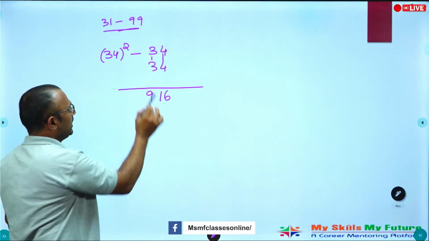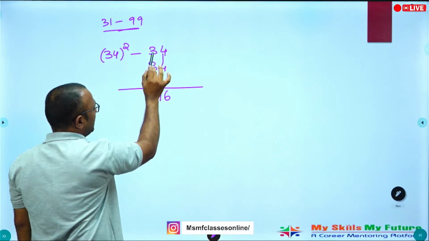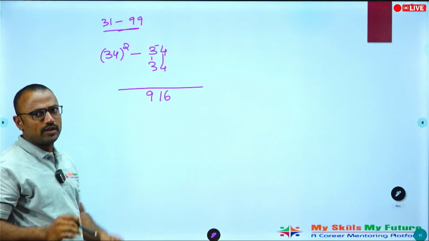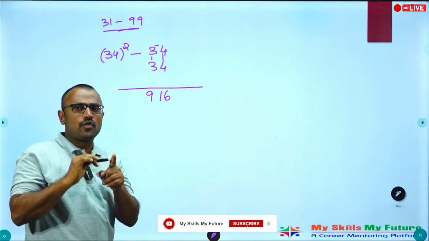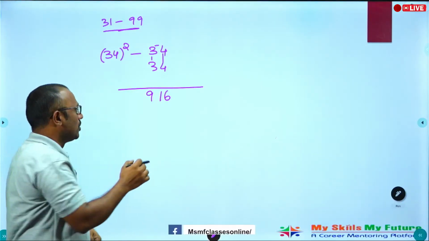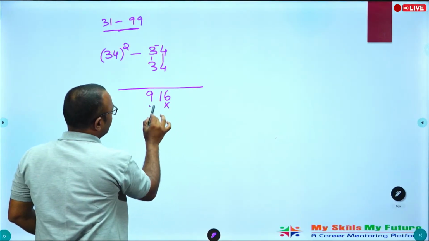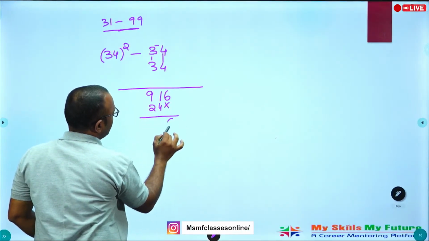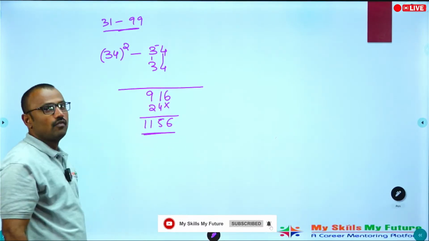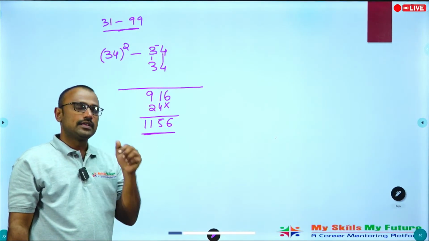So first we multiply vertically, then we multiply horizontally. 3 fours are 12, just twice the number: 12 plus 12 is 24. Leave the number here and write 24. So 1156.